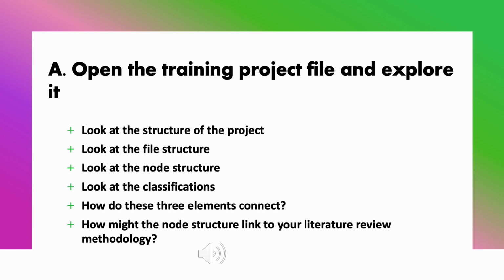Now exercise A is to open the training project file and explore it to look at the structure of the project, look at the file structure, look at the node structure, look at the classification, and then consider how these three elements connect. Consider how the node structure might be linked to your literature review methodology. Once you are happy with all this, you can move on to exercise B.